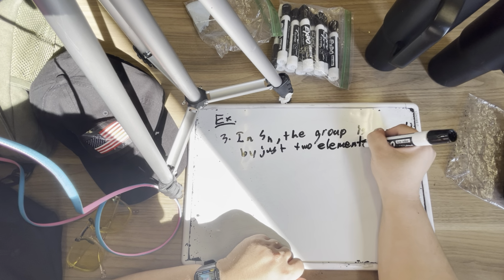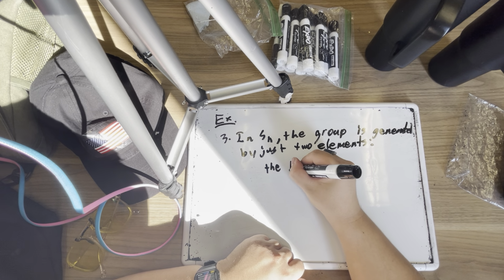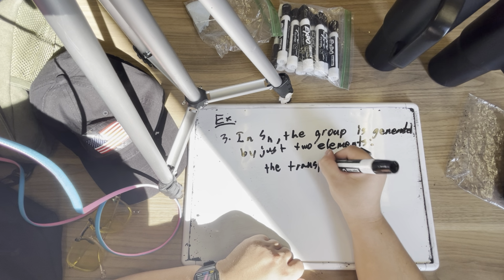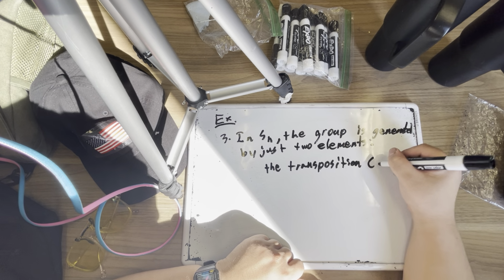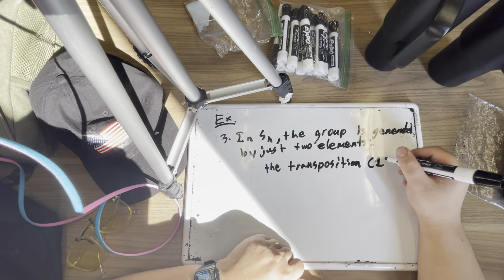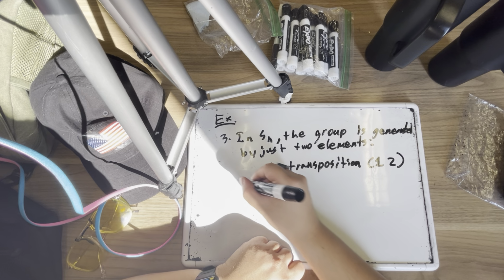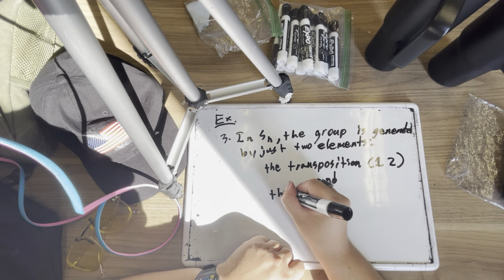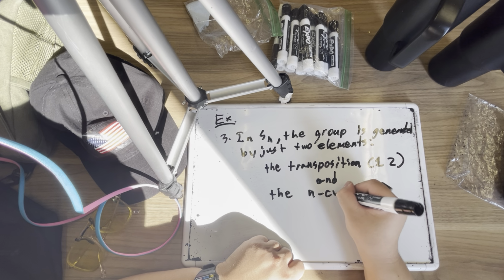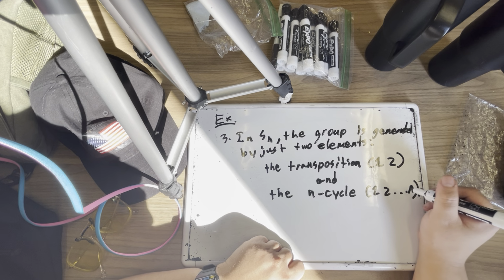We've looked at this, and the first one is the transposition. So that's open parentheses, 1, 2, close parentheses, and the n-cycle, open parentheses, 1, 2, dot, dot, dot, all the way up to n, close parentheses.